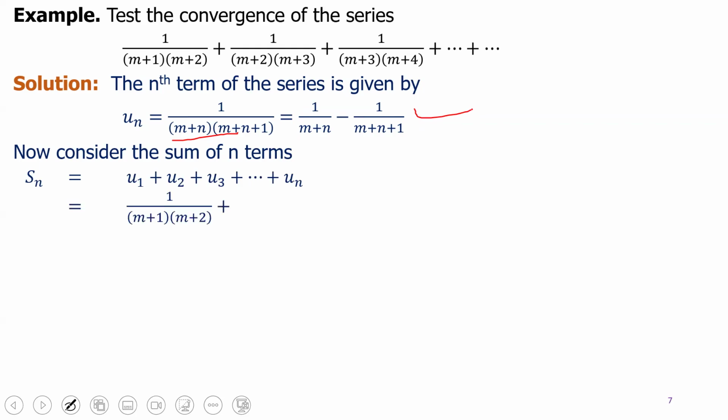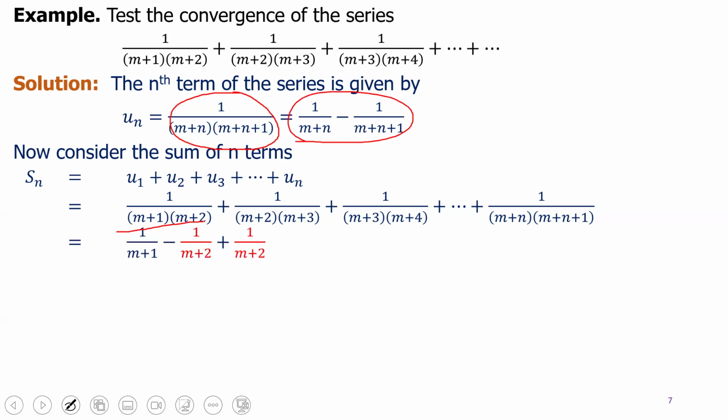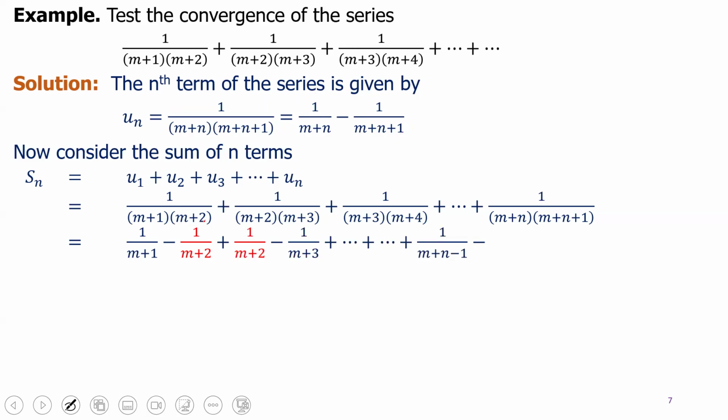To find u1, we first put the first term, 1 upon (m+1)(m+2), plus the second term 1 upon (m+2)(m+3), the third term 1 upon (m+3)(m+4), and similarly the nth term, 1 upon (m+n)(m+n+1). Since we can write this in the partial fraction manner, 1 upon (m+1)(m+2) can be written as 1 upon (m+1) minus 1 upon (m+2).